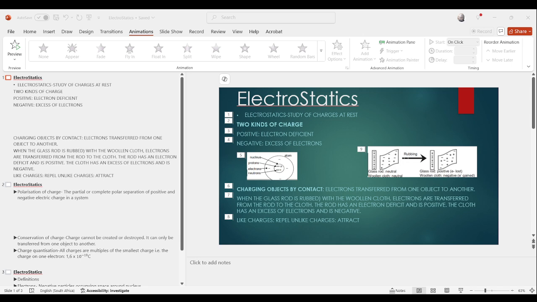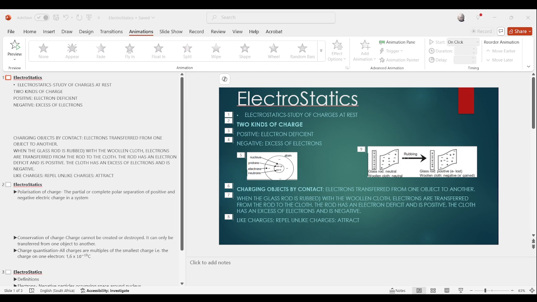But there are times when a neutral object can be attracted to another neutral object. This phenomenon is called polarization.